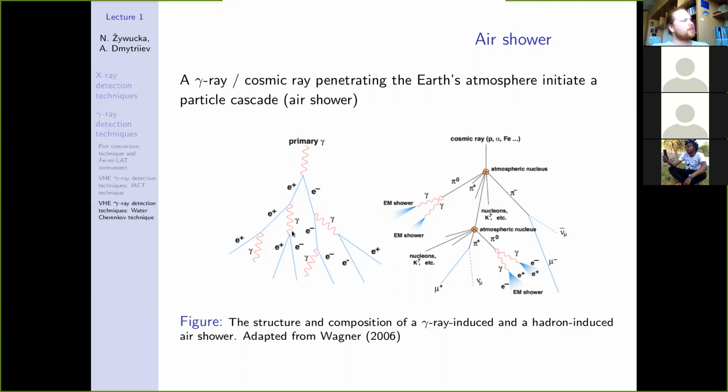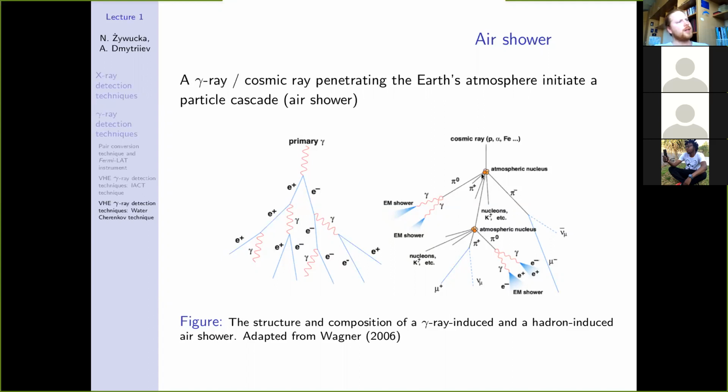It's a statistical process, so it's plus or minus. You have only leptons in this cascade. You don't have any hadrons, only leptonic particles. All the processes here are governed by electromagnetic interaction.